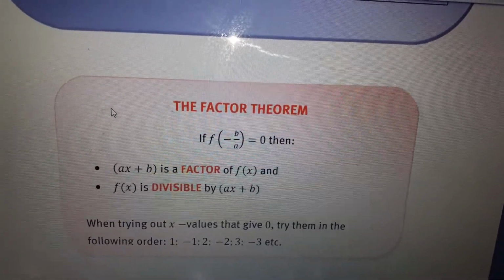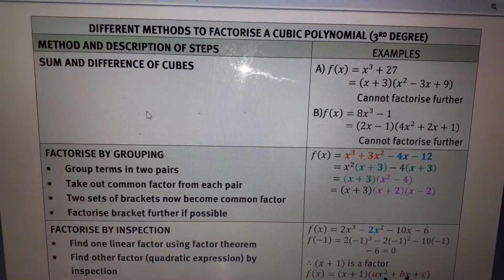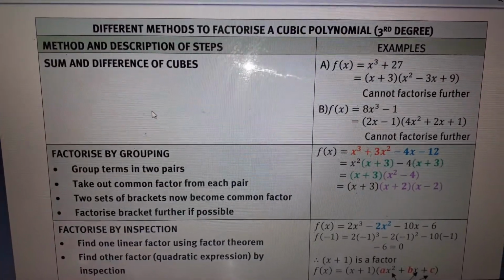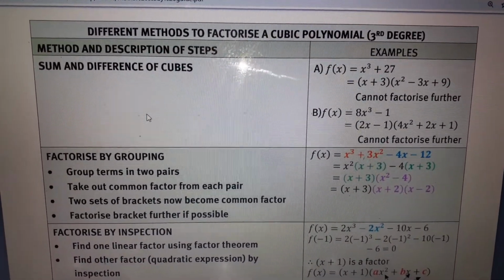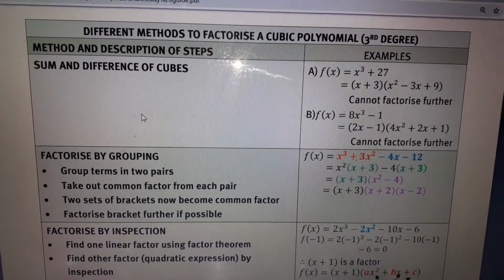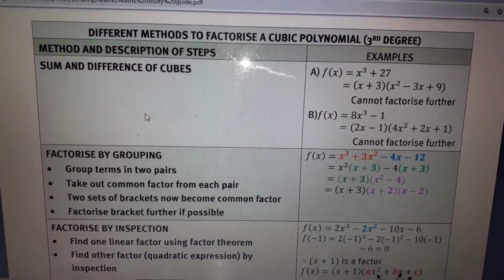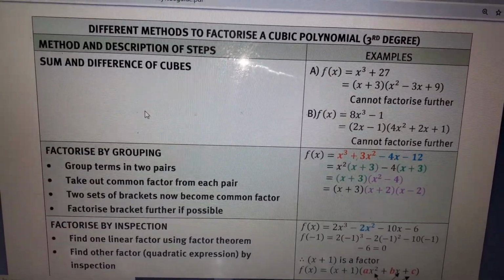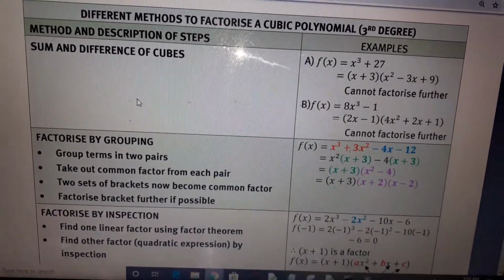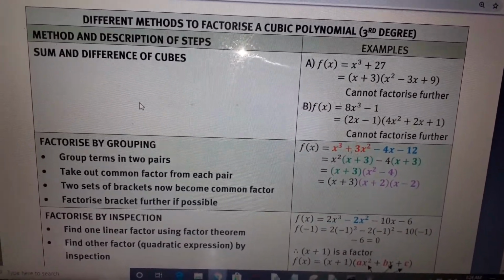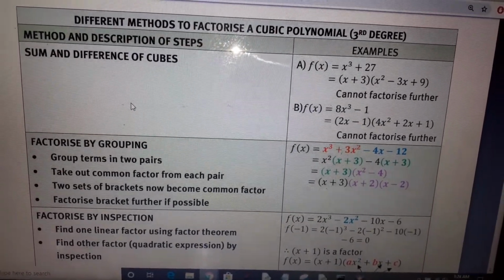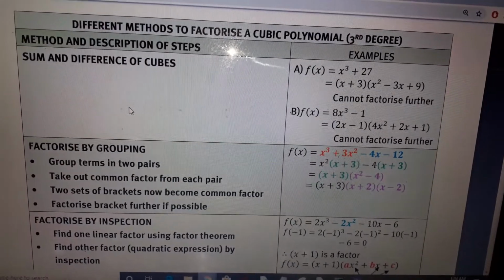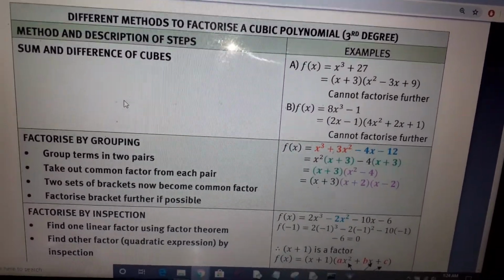So today we will focus on the methods that one can use to factorize cubic polynomials, or third degree polynomials. Here we have factorization by grouping, factorization by inspection, and factorization by using the synthetic or long division method.